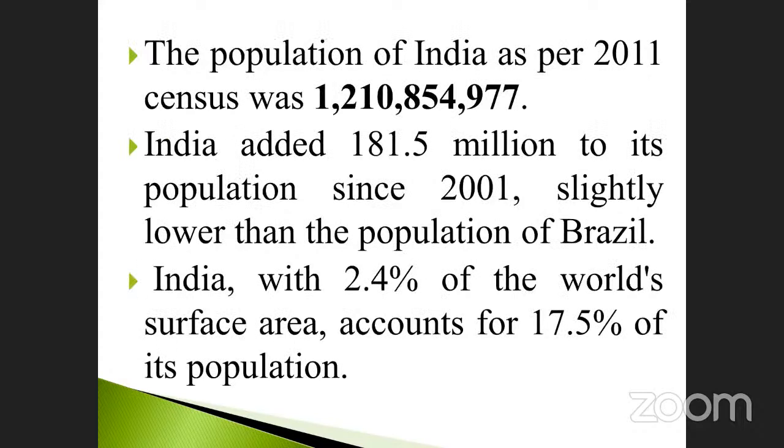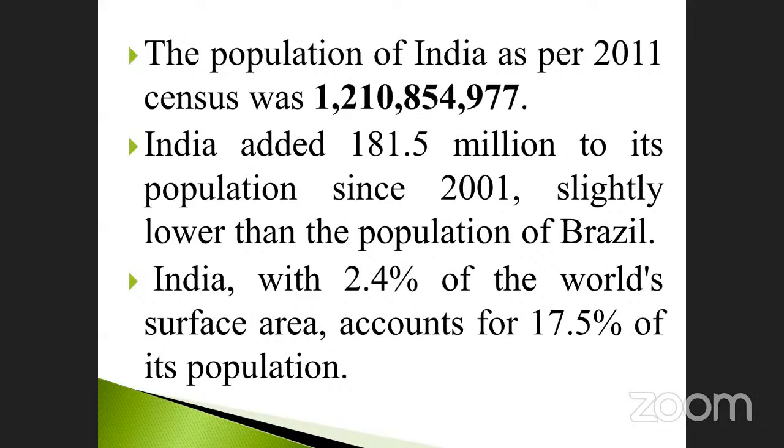The population of India as per the 2011 census was 1.2 billion. India added 181.5 million to its population since 2001, slightly lower than the population of Brazil. Imagine, India with 2.4% of the world surface area accounts for 17.5% of its population.